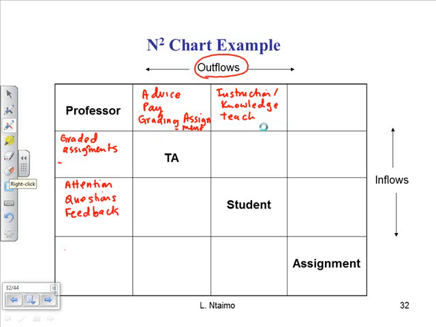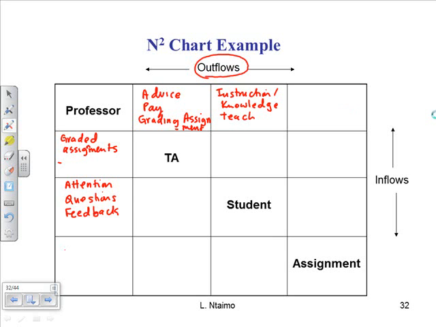The professor can give homework, can give assignments, the student can give back graded completed assignments. Okay. Then let's move on to the next one.